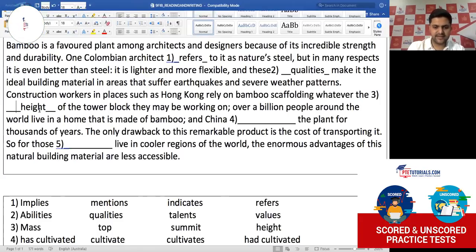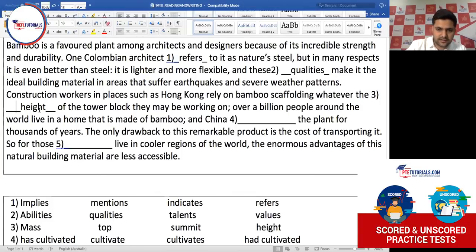So China has cultivated, China cultivate, China cultivates, or China had cultivated. Now, we are referring to a period of time, and that period of time is still continuing. China dashed the plant for thousands of years.